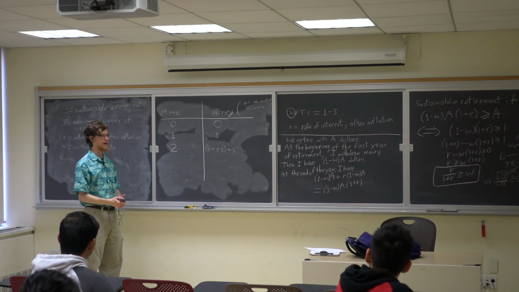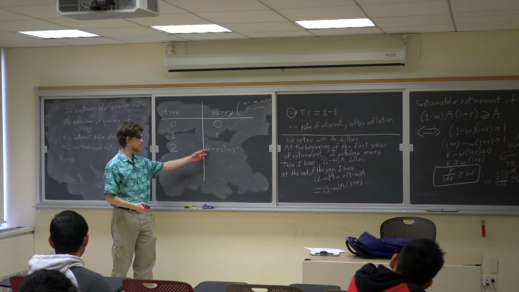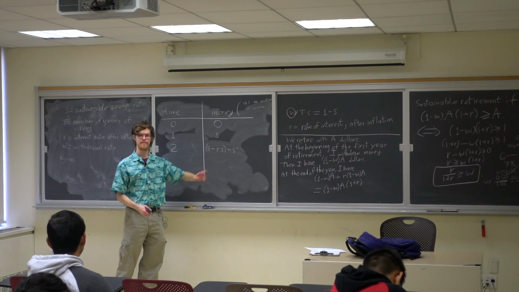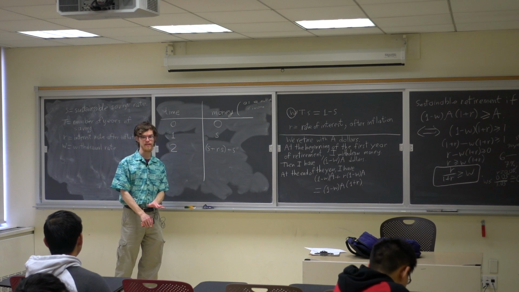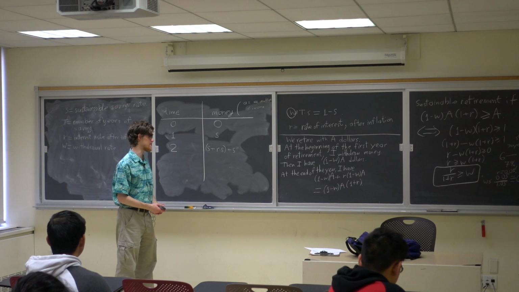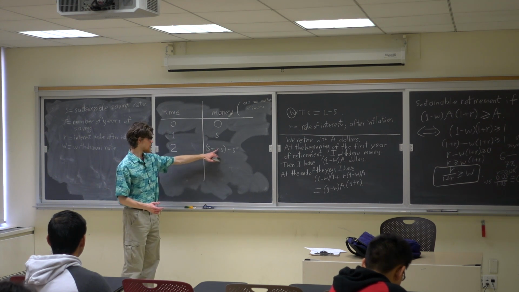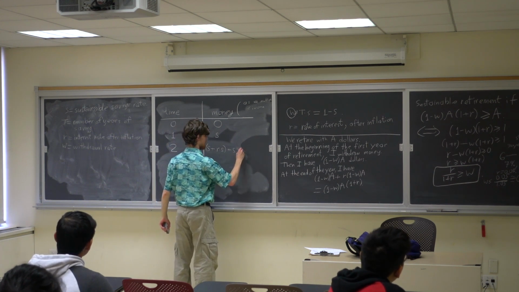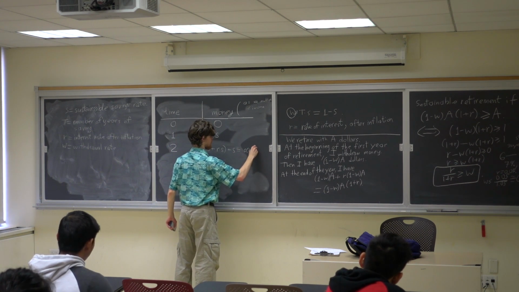Does that make sense? So I had the money I saved the first year, plus the interest I got from the bank on that, then the money I saved the second year. Any questions about that? Because this is obviously an important step as we're increasing the number of years and understanding the patterns. So here we can factor out S from this term, and it becomes S times (1 + R) plus S.